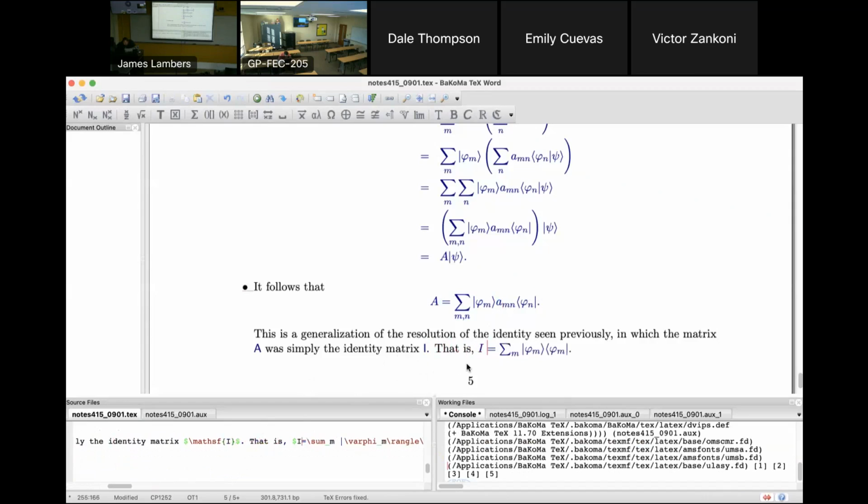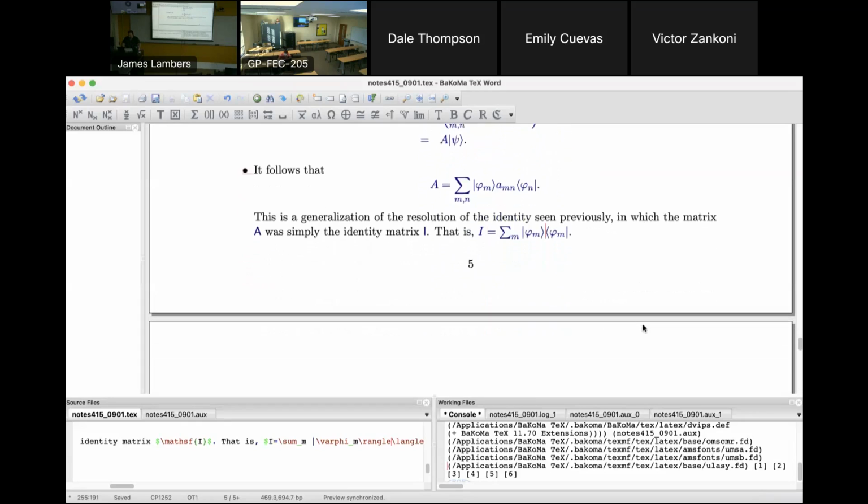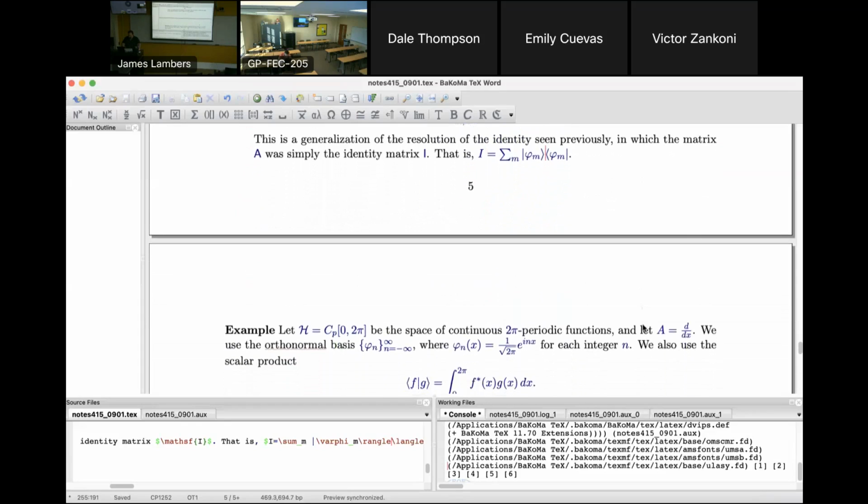I in this font is the identity operator. Here's an example.